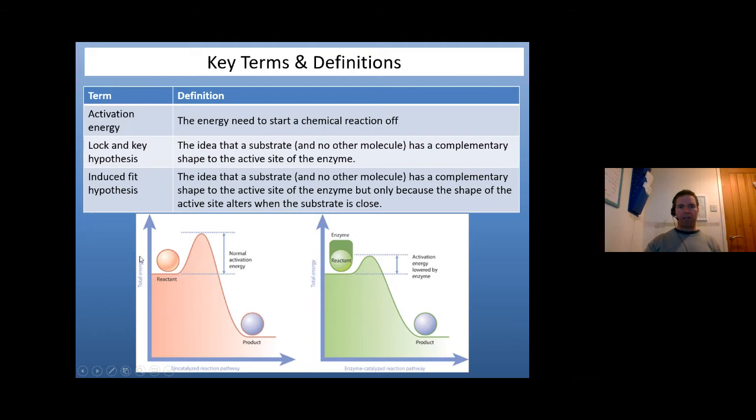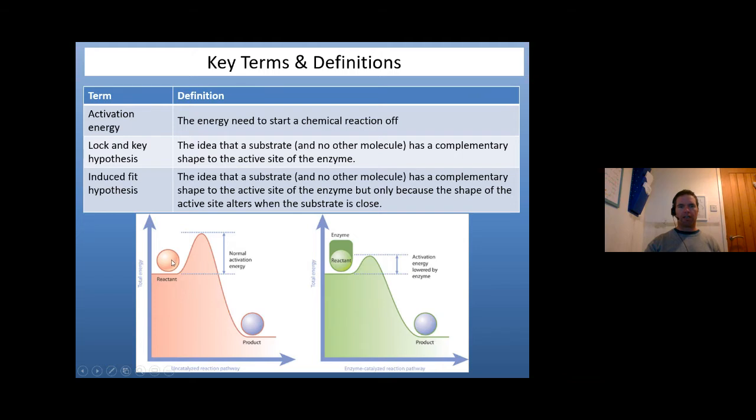We've got reactants on the left-hand side on this pink one, and products on the right. And in order for the reactants to form these more stable products here, they've got to overcome this little energy barrier. Okay, that's what we call the activation energy. So there's got to be an input of energy first to overcome this barrier so that those reactants can form products. Now remember, what enzymes do is they speed up reactions.